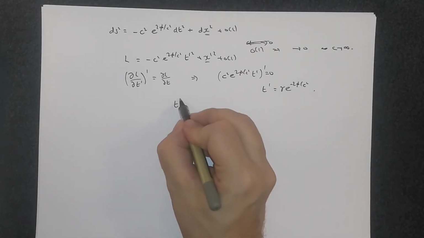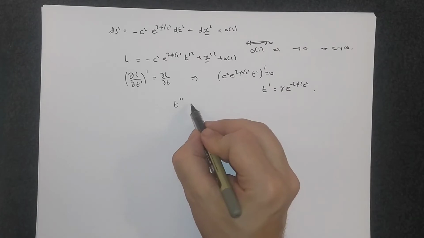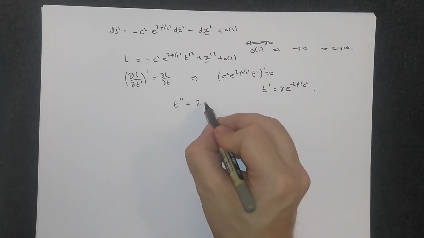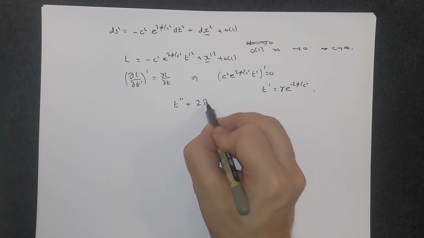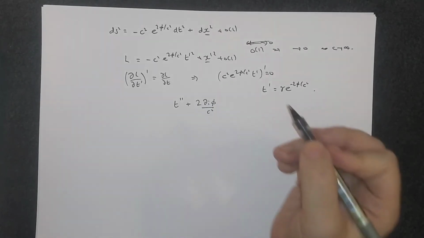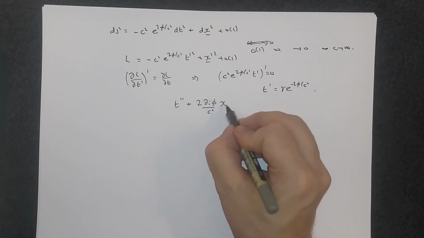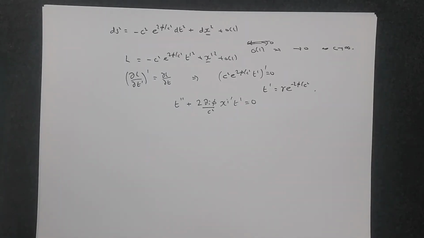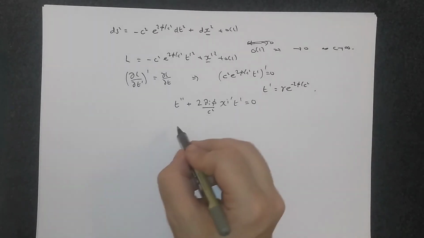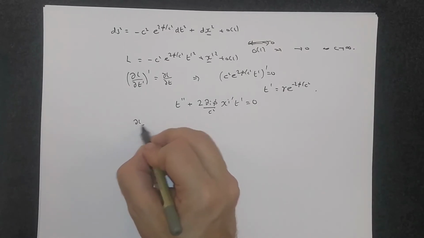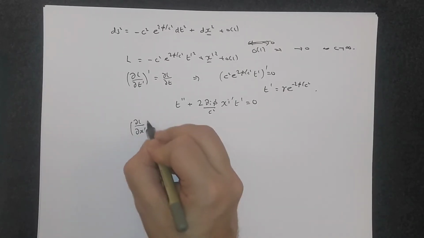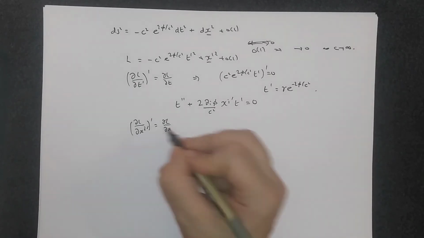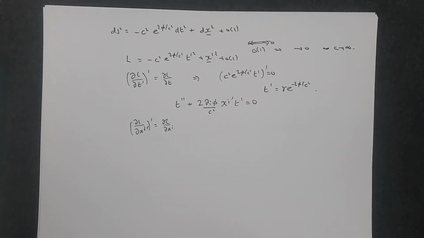But we can also write this out as t double prime plus 2 di phi over c squared x^i primed t primed is 0. dL by dx primed is dL by dx, do for each component.